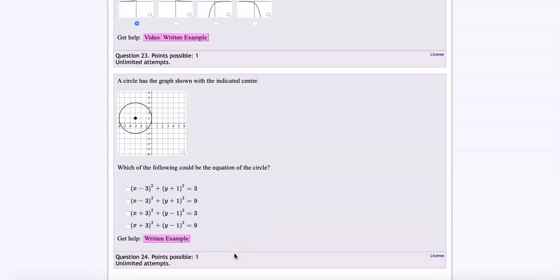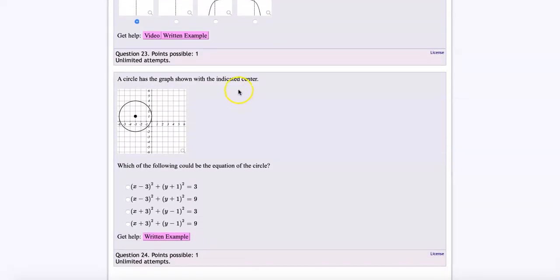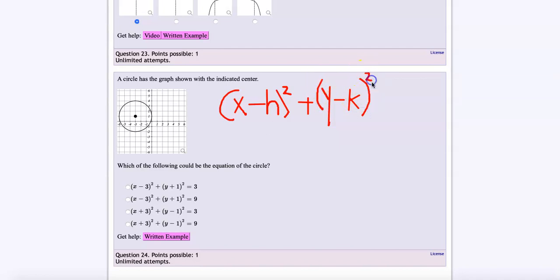Last question. The general form of a circle is (x minus h) squared plus (y minus k) squared equals r squared.